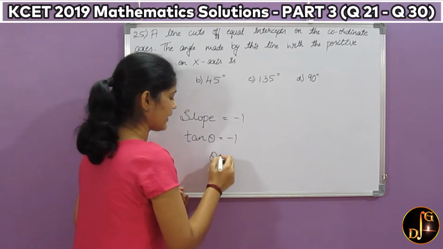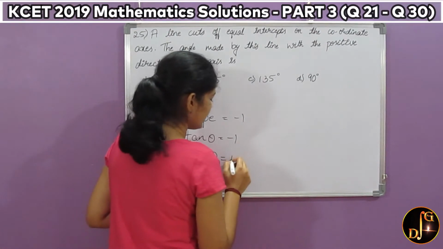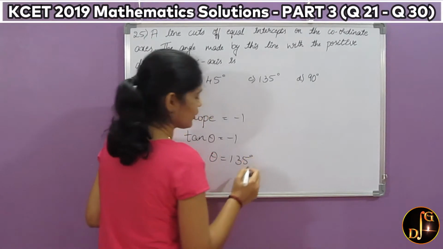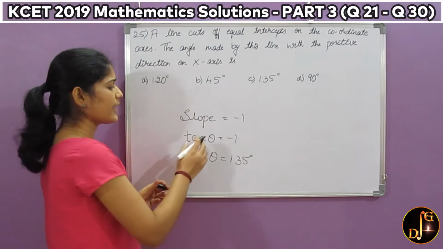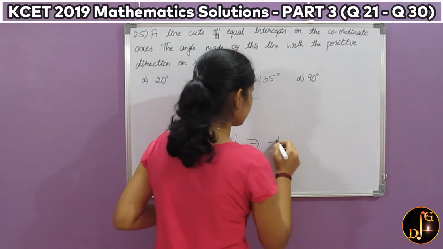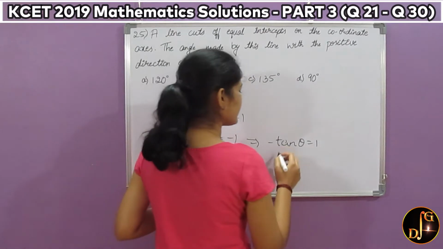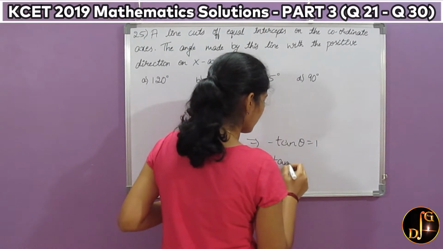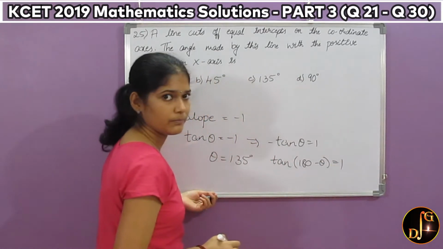Then we have to find theta. What will theta be? That is nothing but 135 degree. You can write it directly if you know this, or else you can take this as minus tan theta is equal to 1. That means it will be tan of (180 minus theta) is equal to 1. Right?